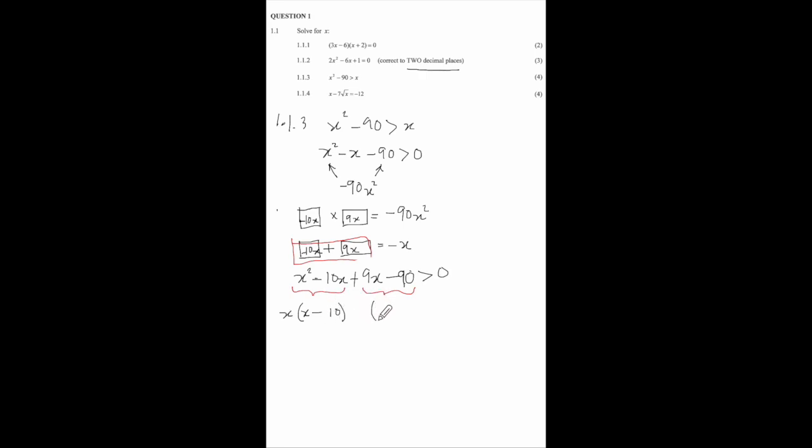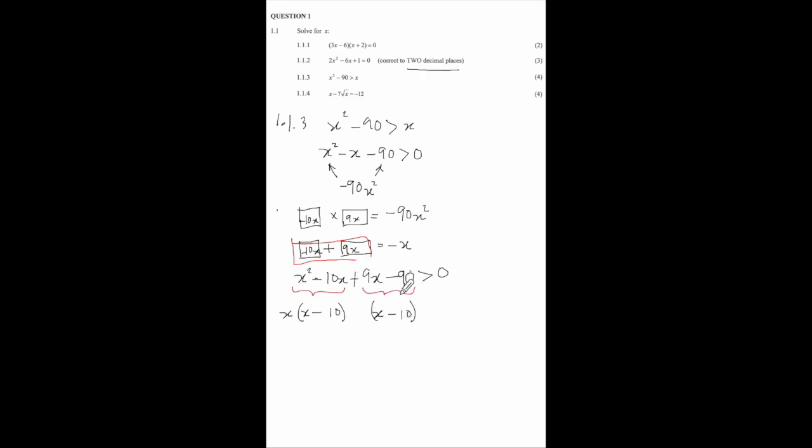And then I am going to also factor out something on this pair of terms. Whatever I factor out, it should give me the same thing in brackets. So this set of brackets should have the same thing as this set of brackets, so I should also have x minus 10. Now I have to figure out what to factor out here.